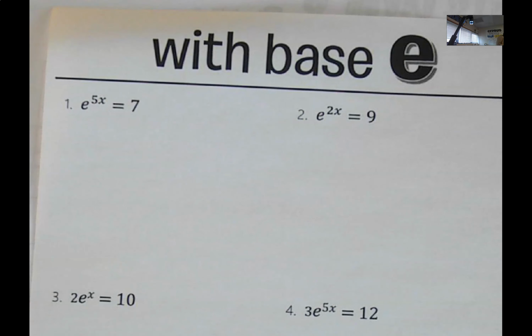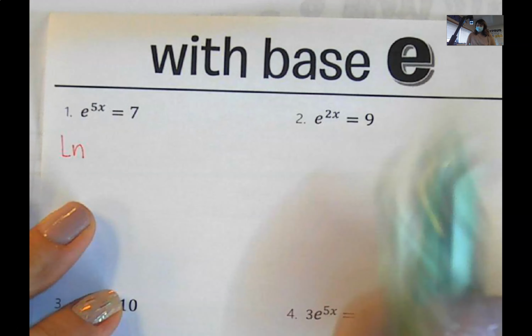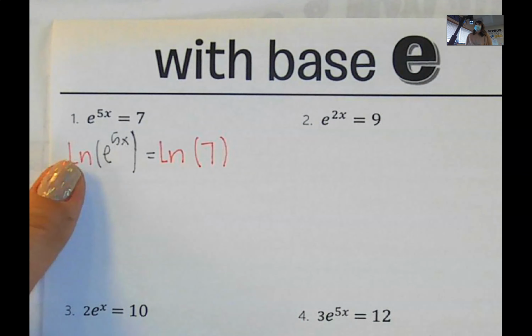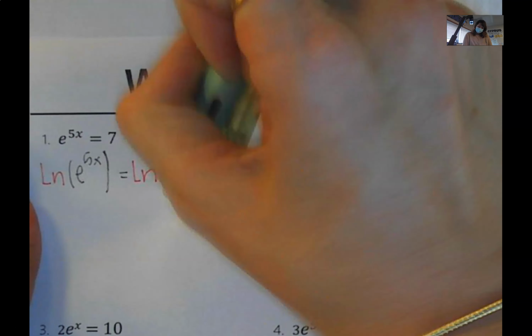So in order to get that e off, in order to make it go away, we're going to take the natural log of it. So we're going to say natural log of e to the 5x. But if we do that to the left-hand side, you also have to do it to the right-hand side. So natural log of 7. So on both sides, you're taking the natural log.